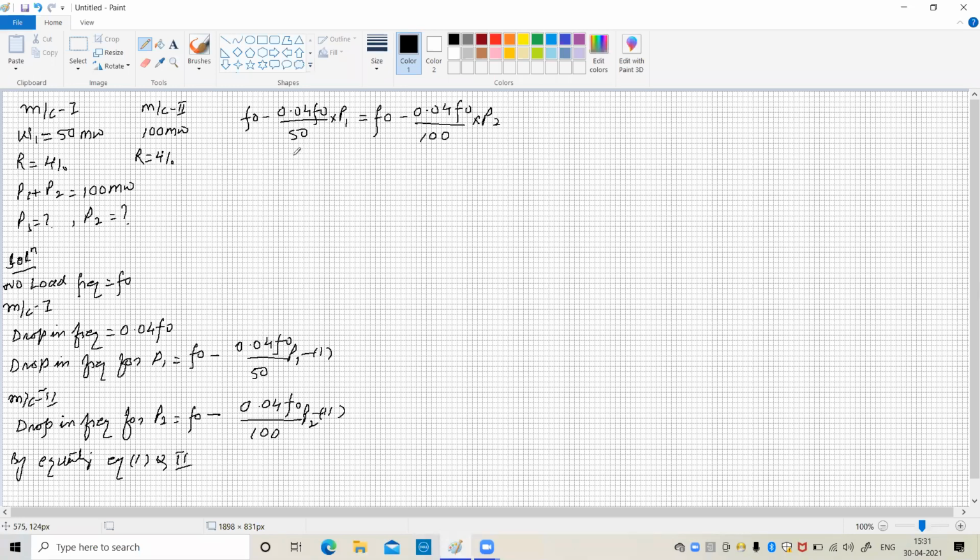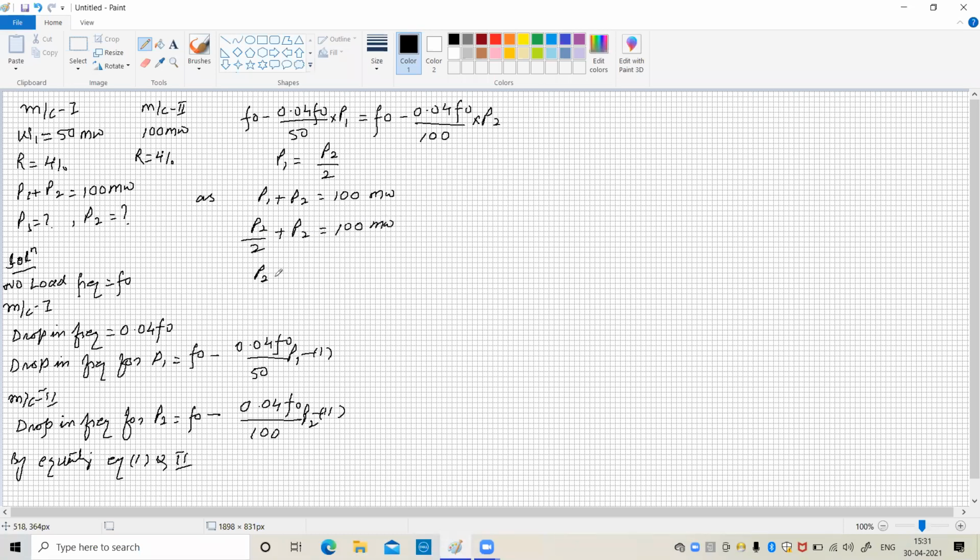So we get P1 is equal to P2 divided by 2, and the total load P1 plus P2 is equal to 100 megawatt. Therefore, if I put the value of P1, that is P2 divided by 2 plus P2 is equal to 100 megawatt.